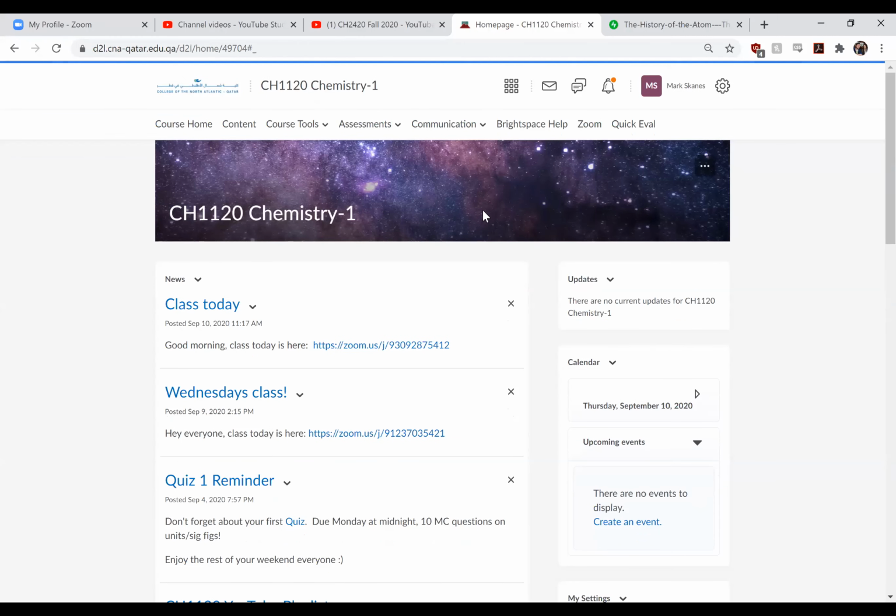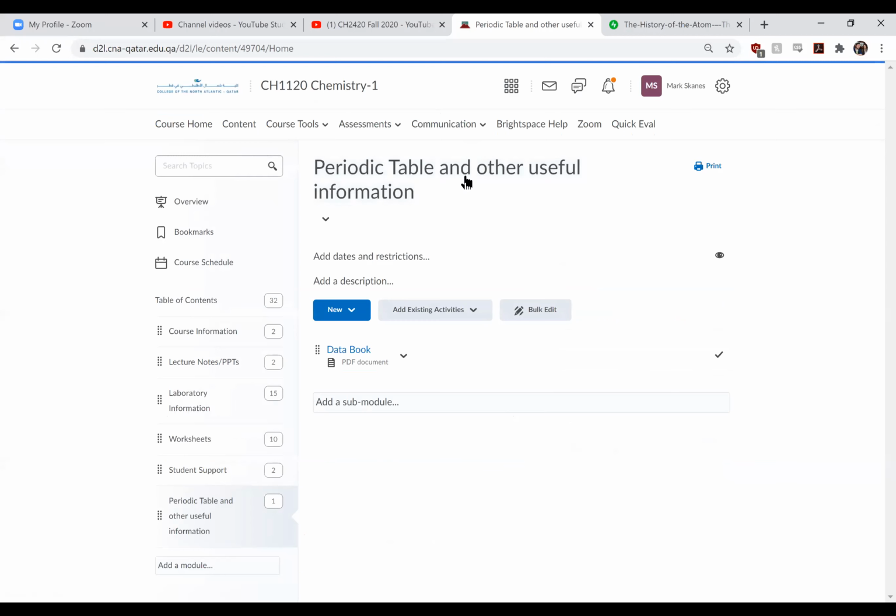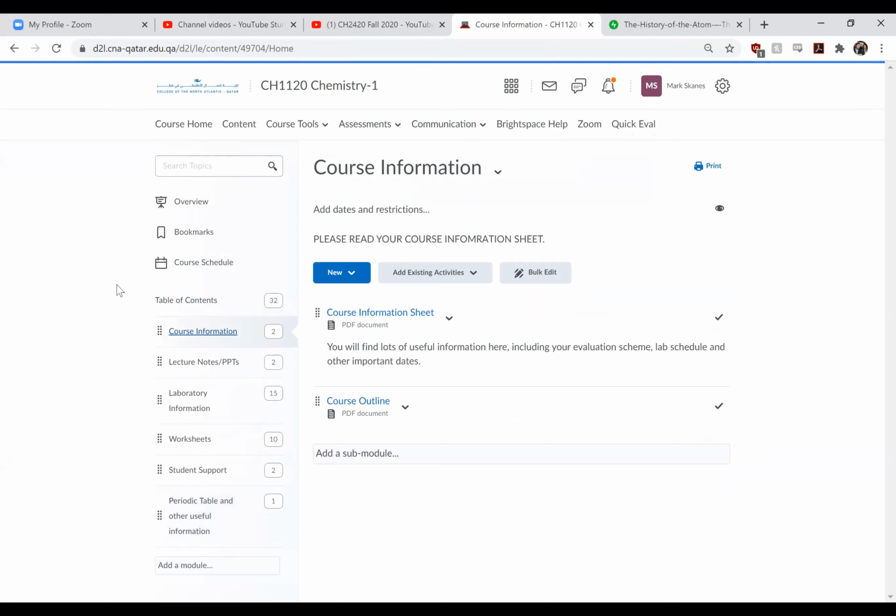If you miss your lab next week, or if I manage to get you a copy of your periodic table and you lose it or something like that, I have it up here for you. I'll start up course information here. This is a new periodic table. It's been developed over the summer, so it was just recently updated from a few semesters ago, and you can find it here.